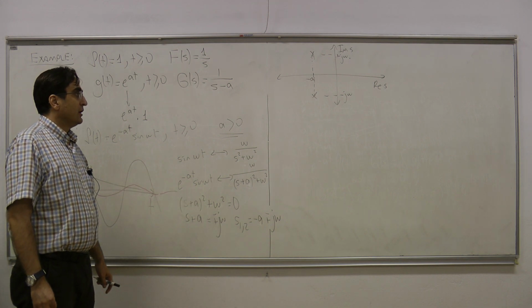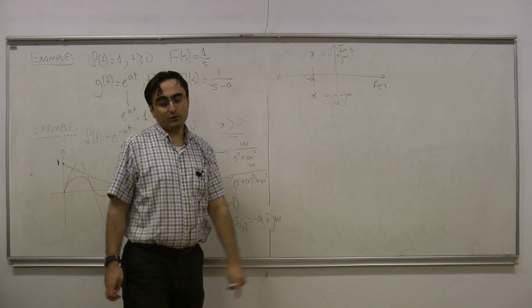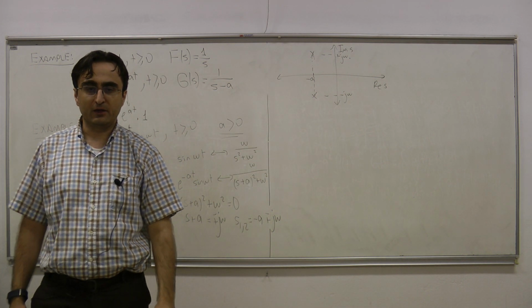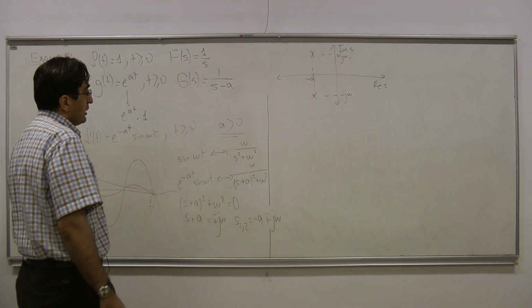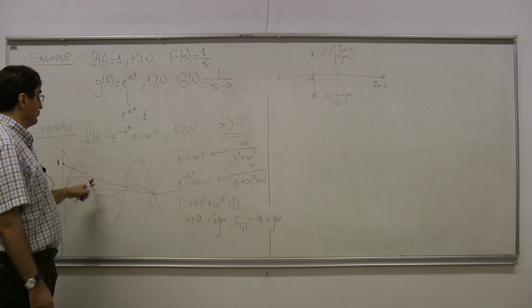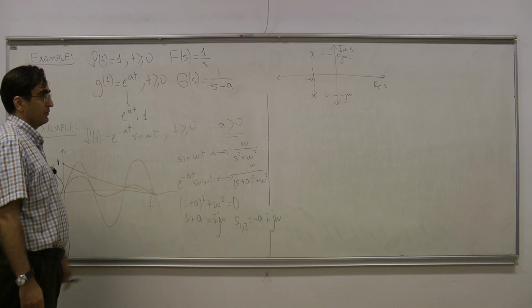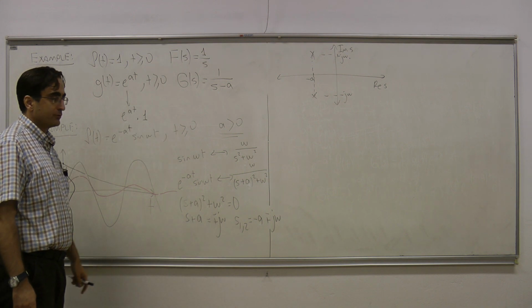If all poles are real, and in this case I don't have real poles because they have non-zero imaginary parts, then there won't be any oscillations in the function. In this function, there is definitely an oscillation, because it doesn't have real poles.